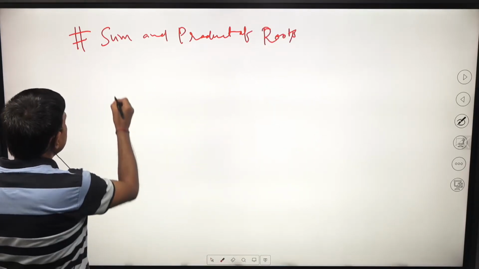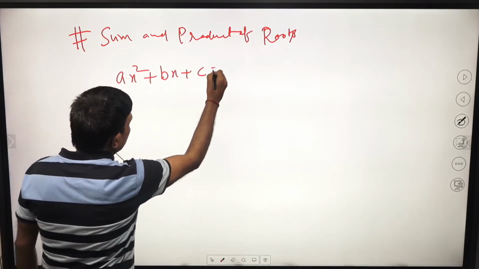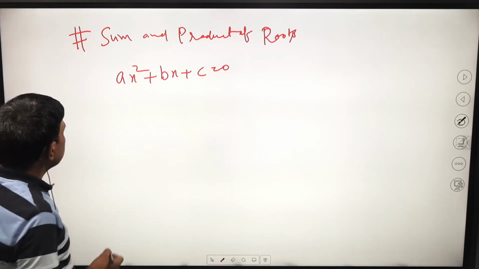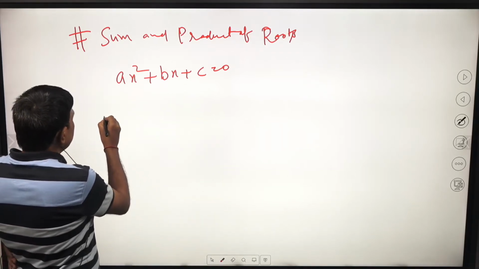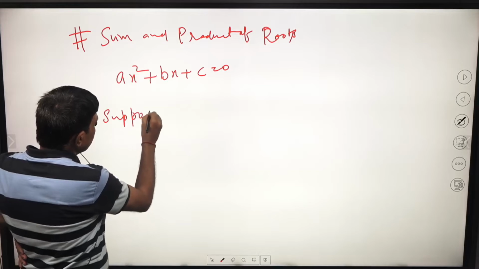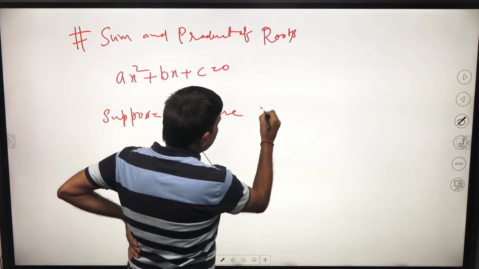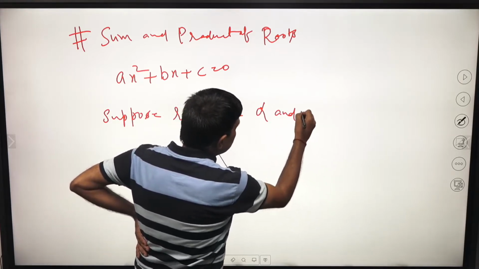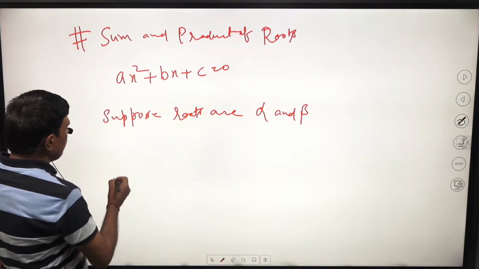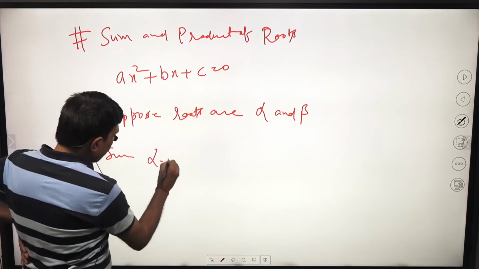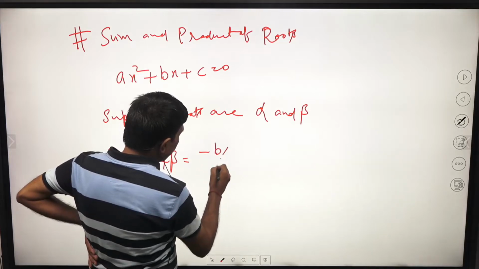Our standard equation is ax square plus bx plus c equal to 0. Suppose the roots are alpha and beta. You have already heard these names. So the sum means alpha plus beta, and that is said to be minus b by a.